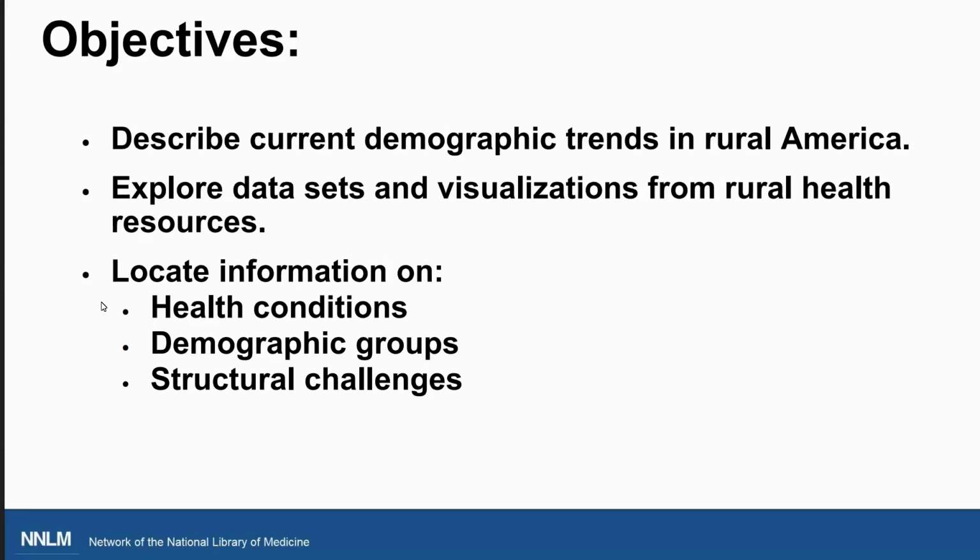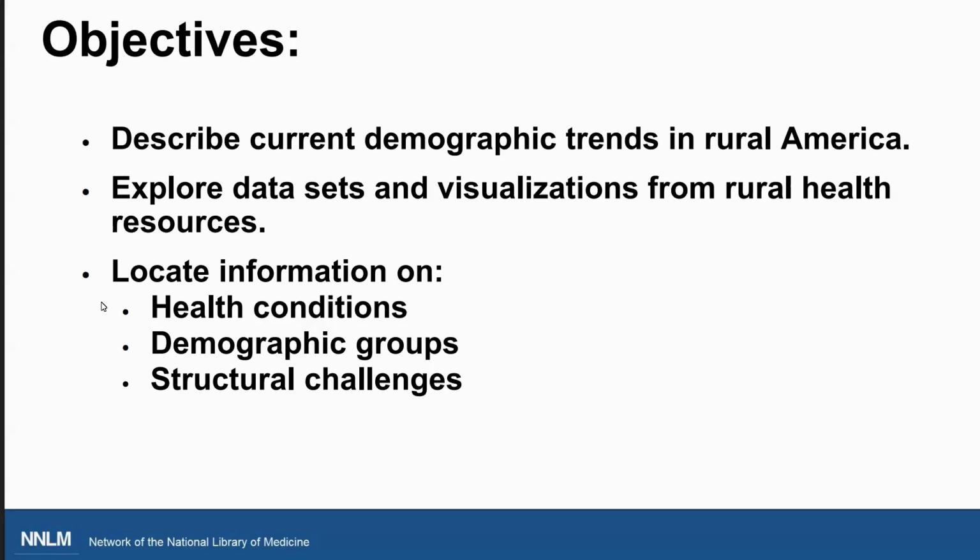Before I switch to my next slide and we get into that overview of demographic changes, I would like you to think to yourself about what you think of when you hear the term rural. What does the landscape look like? What do the people look like? What is the industry like? And I want you to keep that in mind because rural looks very different across the entire country.